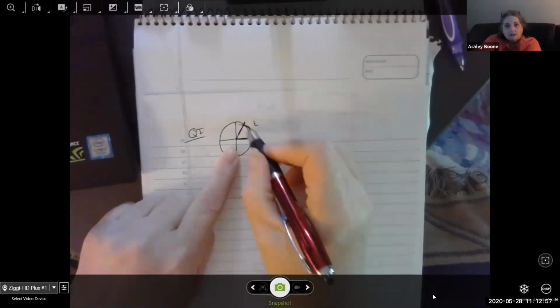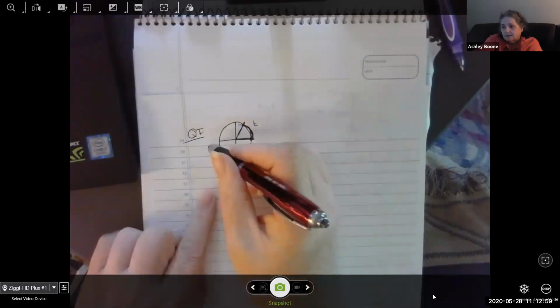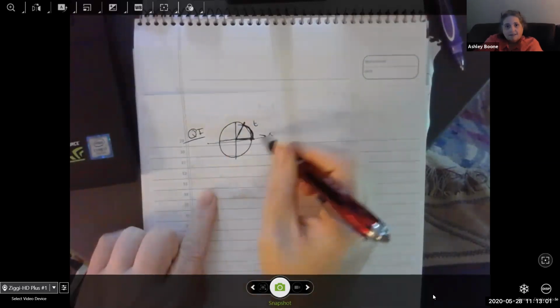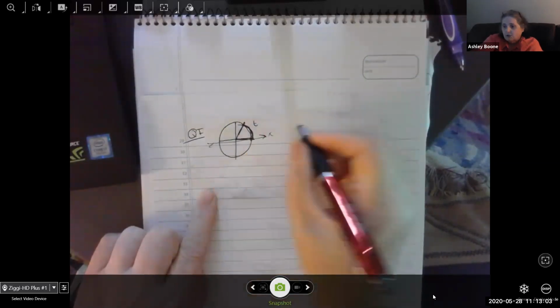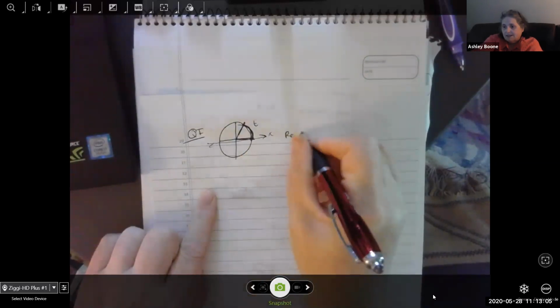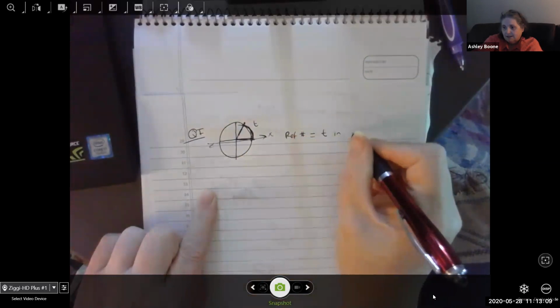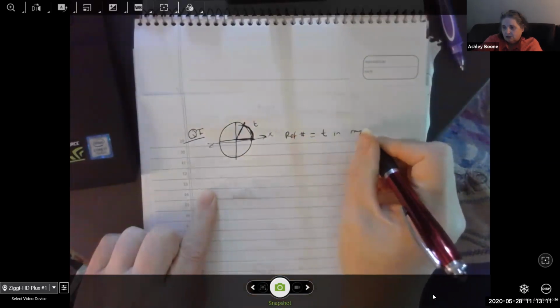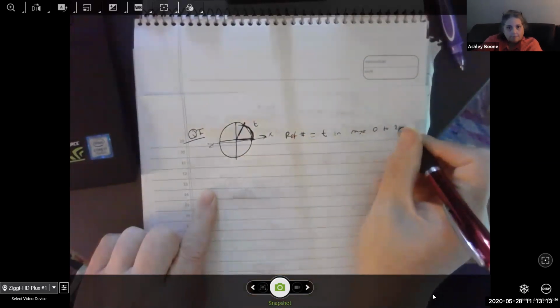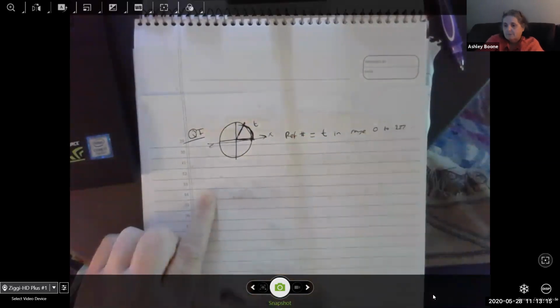That is the shortest distance to that x-axis. So your reference number is equal to the t value that's in the range 0 to 2 pi. Okay, so after you've done the first step.